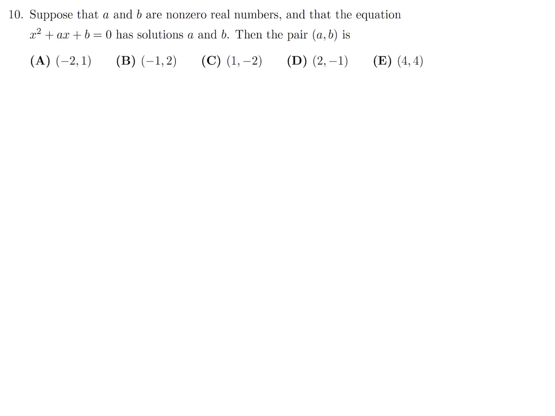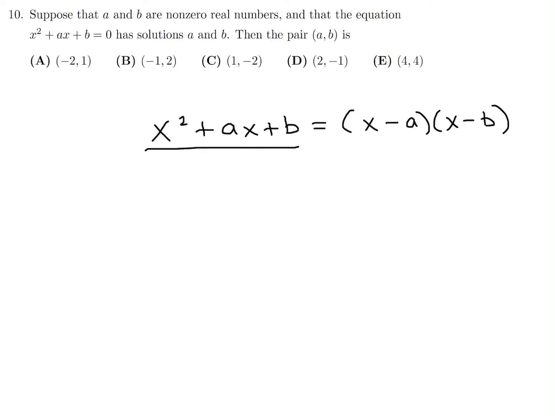Suppose that A and B are non-zero real numbers and that the equation x squared plus ax plus b is equal to 0 has solutions A and B. Then the pair AB is. So x squared plus ax plus b has solutions A and B. So this is mathematically how you would write that out, right?